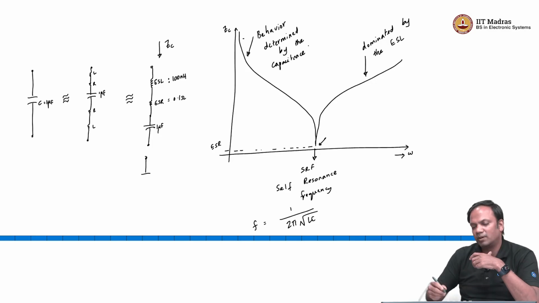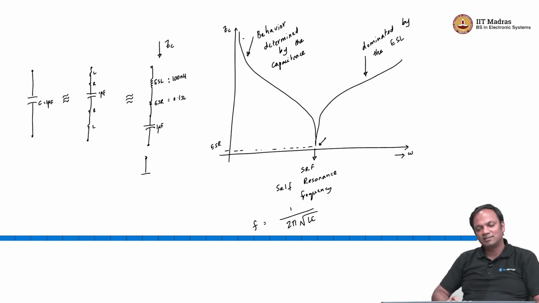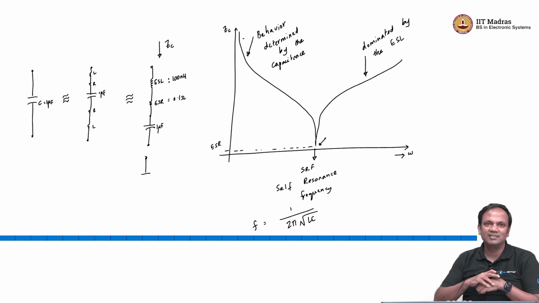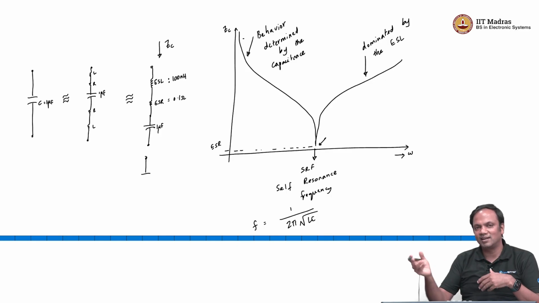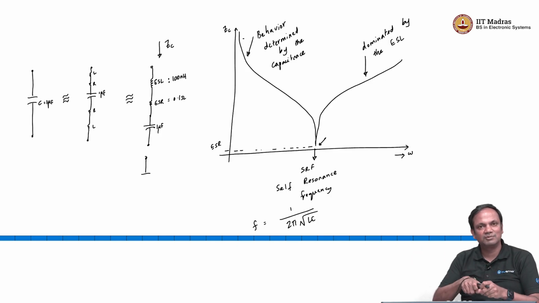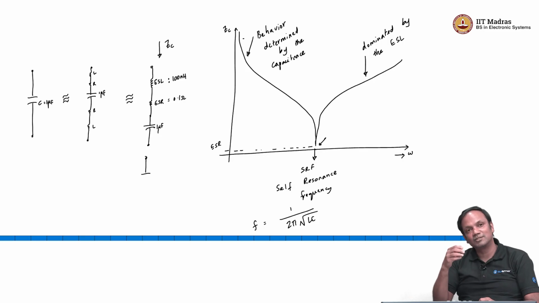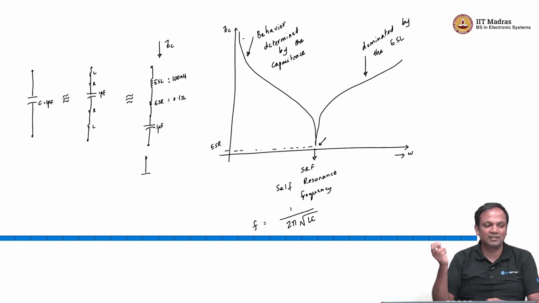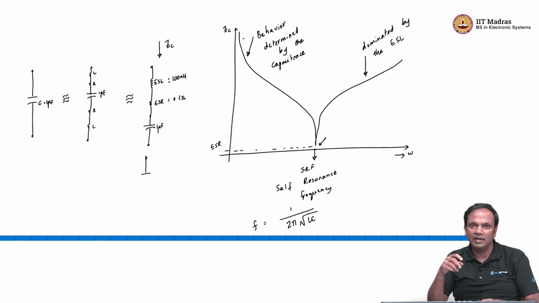So, it is important to understand that your capacitor behaves like a capacitor only as long as the frequency is less than the self-resonant frequency. Once the frequency is greater than the self-resonant frequency, it starts to behave like an inductor, which means that its impedance is going to keep increasing with frequency, right.